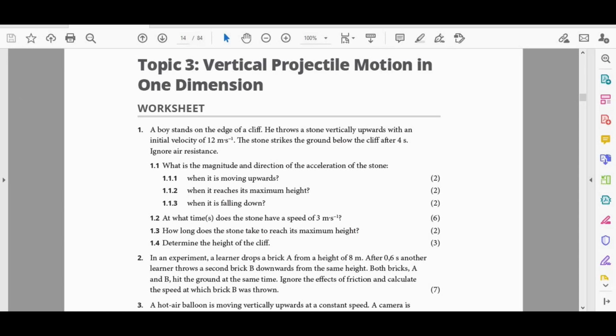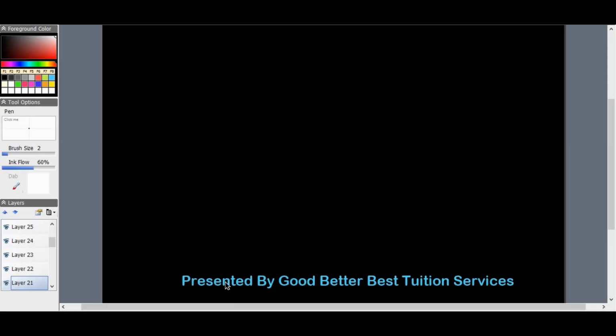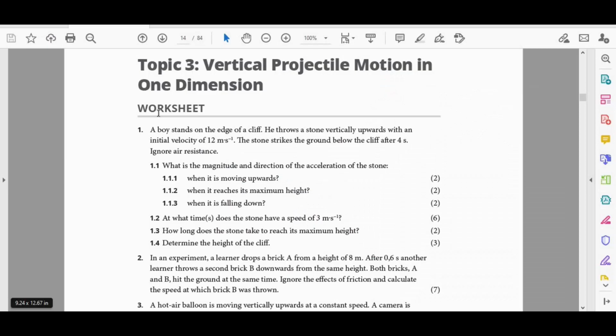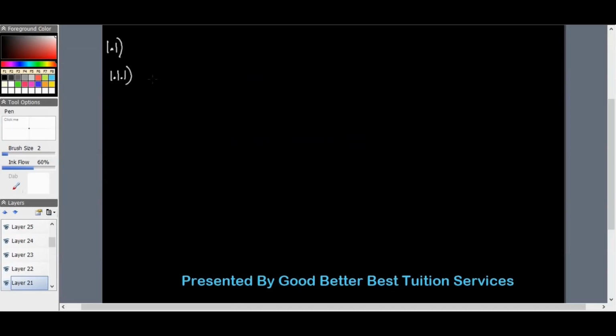Alright, so if I come just to my little answer layer here, I've got question 1.1.1. The question was, when it's moving upwards. Well, my answer to that is simple. The acceleration due to gravity is always going down.